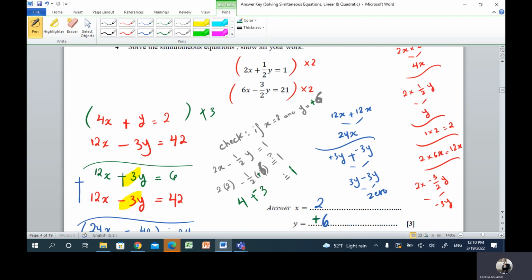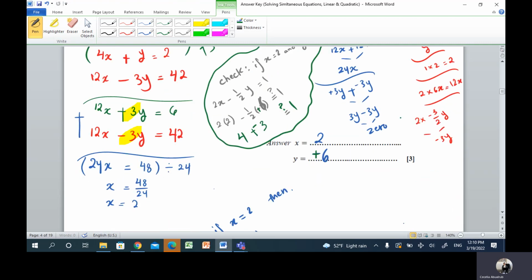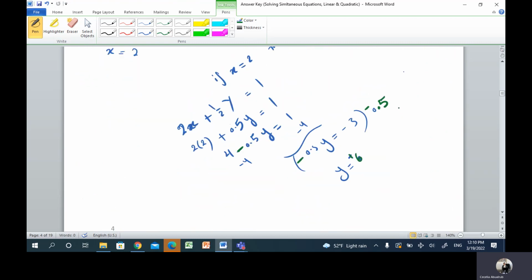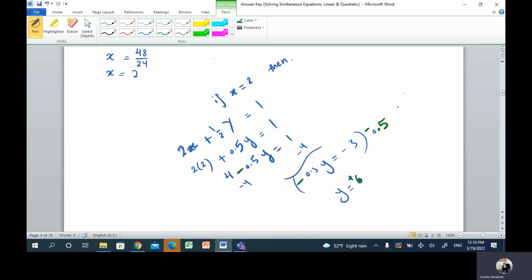So 4 minus 3 is actually 1, which means that the values of x and y that we found are correct. We must have used the wrong equation the first time that we found y, so we have to be careful about which equation we use, and when we are applying opposite operations.